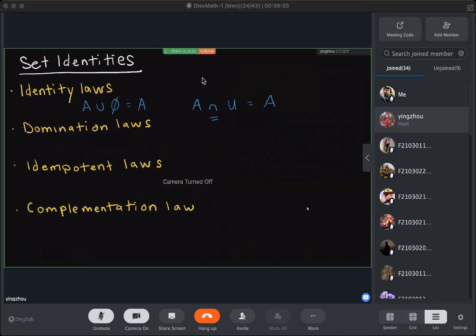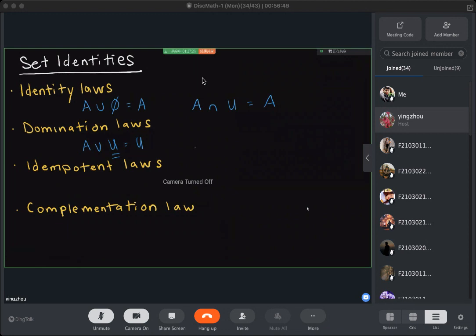Elements contained in both A and the universe would be the elements in A. For the domination law, I have A union the universe, which would of course be the universe, because a union is anything that's in either of those sets, and the universe is everything I'm concerned with.